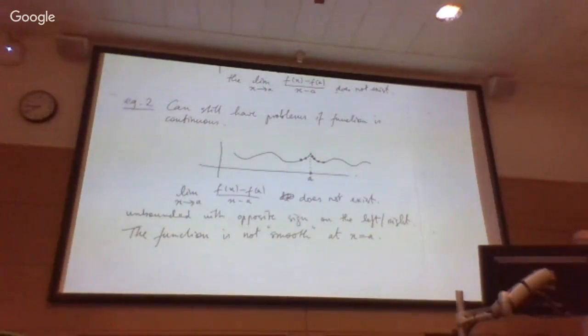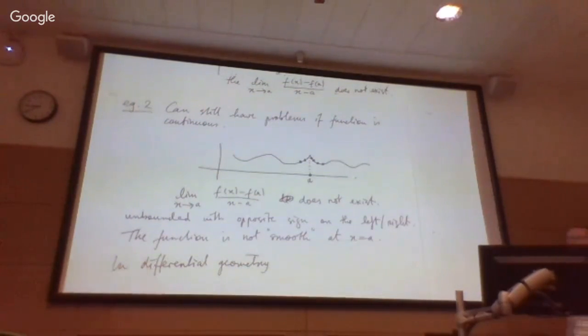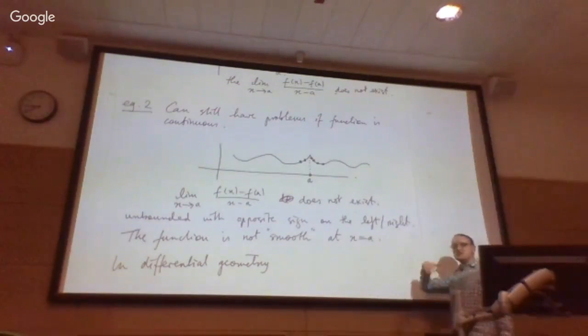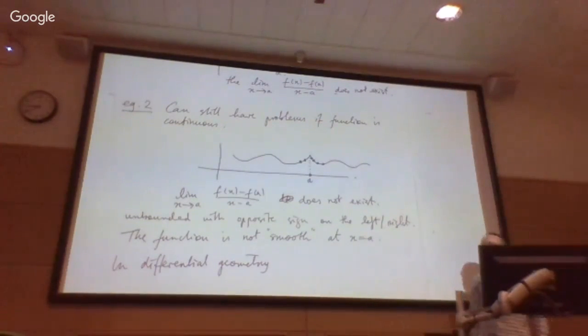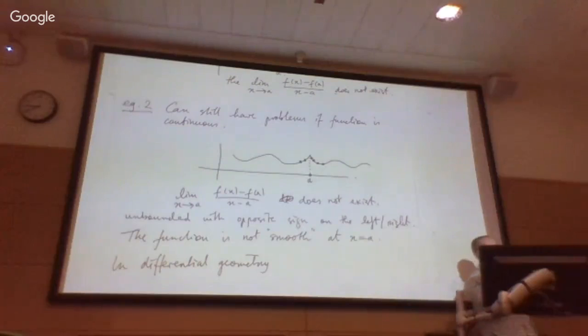If you look at differential geometry, pick up any book on differential geometry or differential topology, these more abstract subjects which are generalizations of the calculus, the word smooth appears all over, smooth and non-smooth. Smooth is a technical term.